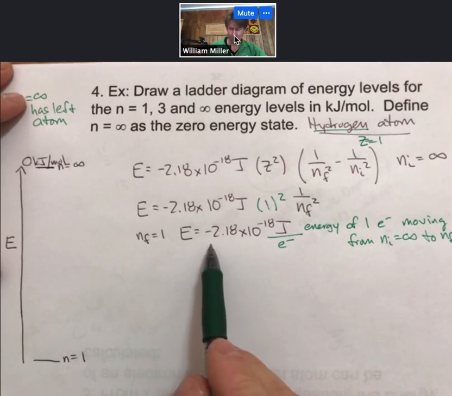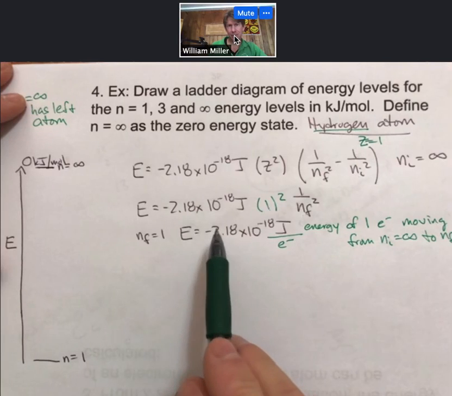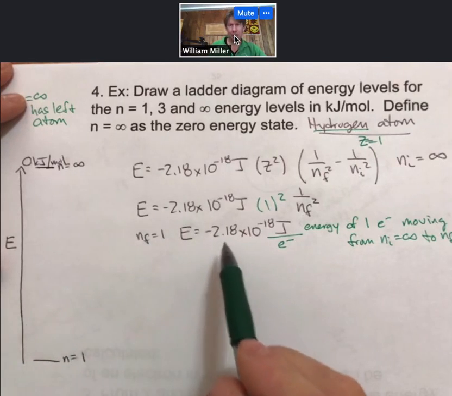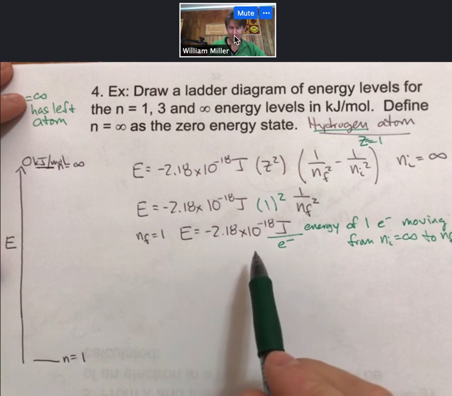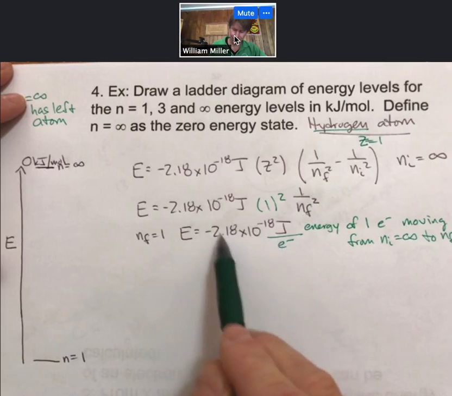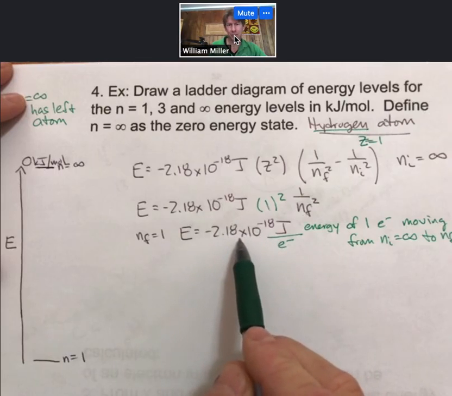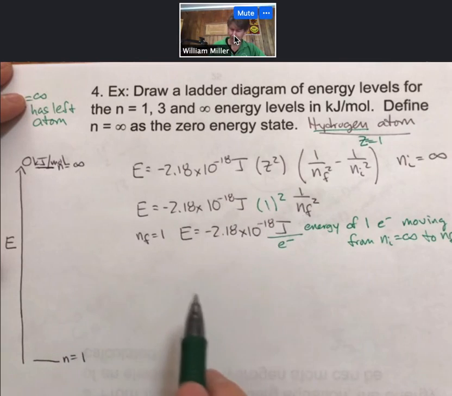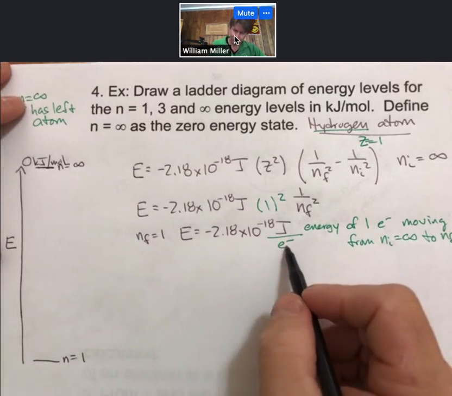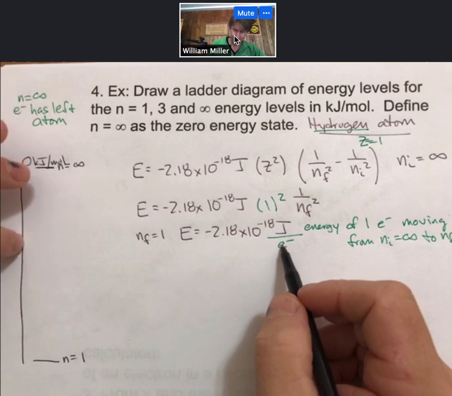This is an exothermic process. Typically, the atom and the movement of the electron in the atom gives off energy in the form of light. And so you'll also see joules per photon because the photon will be given off as this process occurs. We'll talk more about that. Okay, so now we have joules per electron moved in the atom.